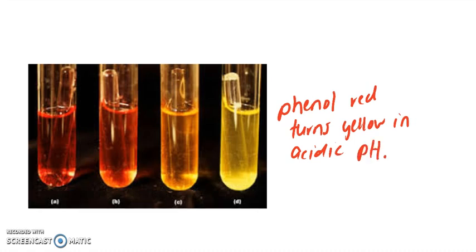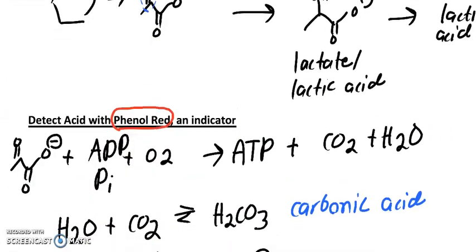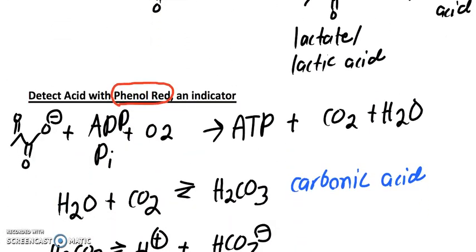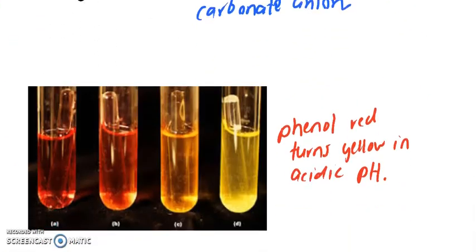And we use this in the lab to determine if this reaction here was taking place. We can see if this acid was formed. And if this acid forms, it'll change the color of the phenol red.